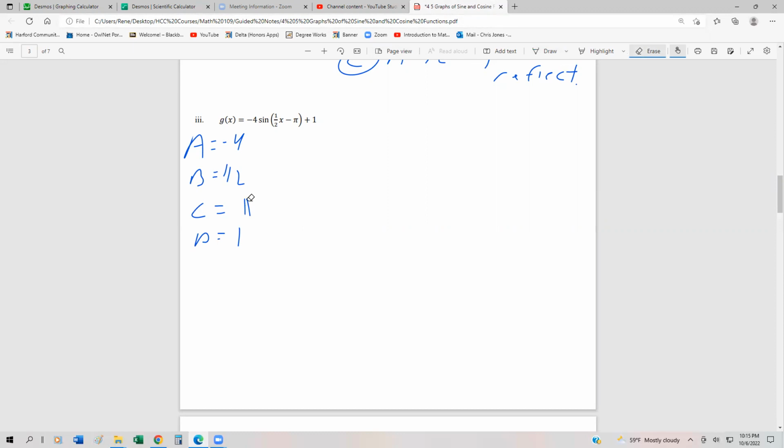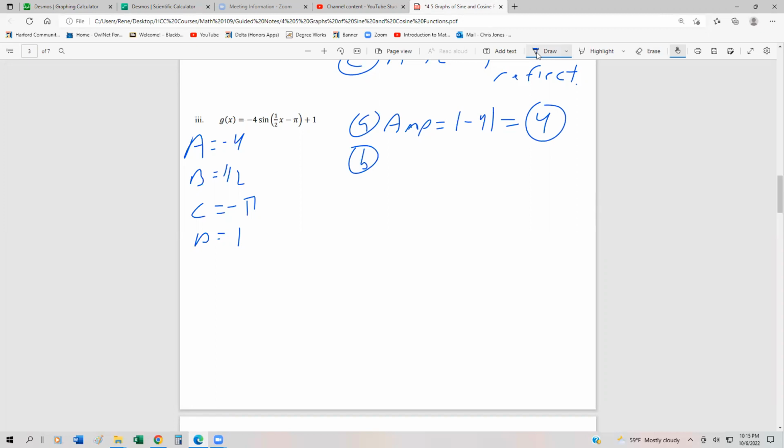So going through this, okay, and then we'll graph them both. We know that the amplitude is going to be the absolute value. Okay, so our amplitude is the absolute value of negative 4, which in this case is going to be positive 4. Okay, so the function is going to go up to 4, down to negative 4.